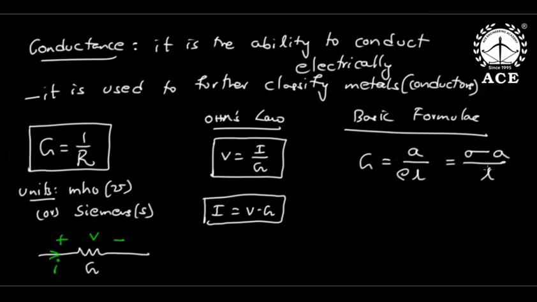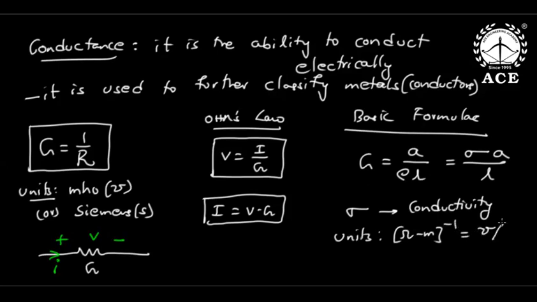So conductance, or conductivity, where sigma is called conductivity. And its units are ohm meter inverse, that is mho per meter or Siemens per meter. So conductance is the ability to conduct.